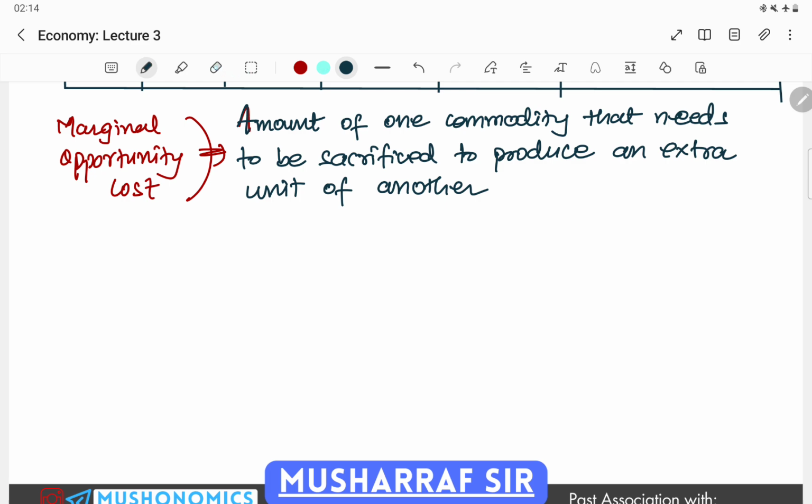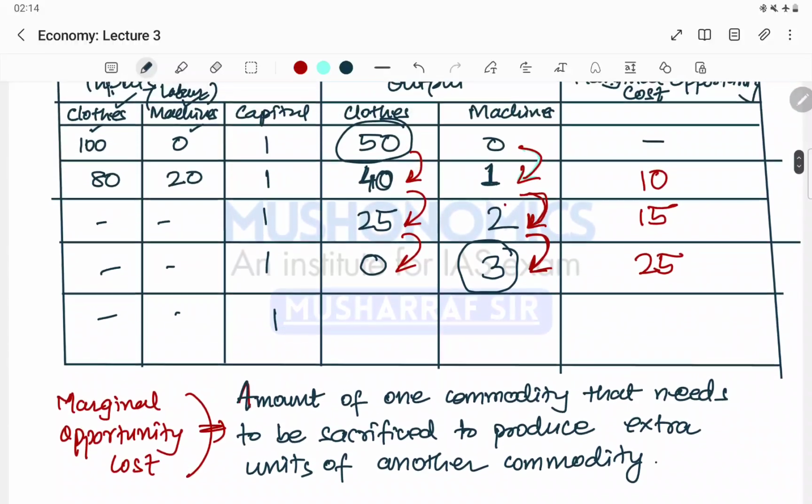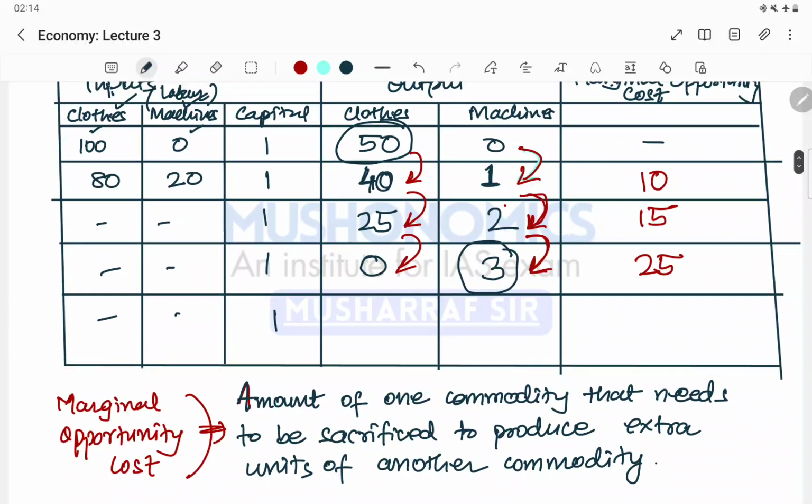Or we will talk about extra units of another commodity, right? So the amount of one commodity that needs to be sacrificed, how much we are sacrificing here, 10 shirts, to produce extra units of another commodity, right? So I hope it is clear.